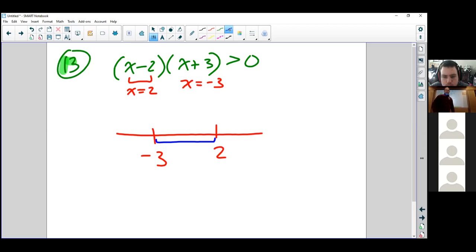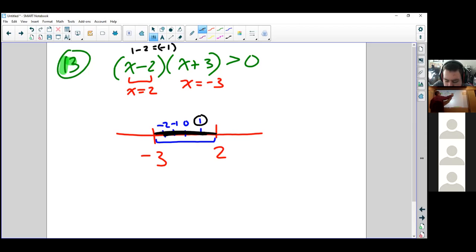What would you like me to pick? 1. 1? Okay. All right. So if I pick the 1, and you all feel comfortable that 1 fits in between these two, agreed? So if I take that 1 and I plug it in, I'm going to get 1 minus 2, which is negative 1.